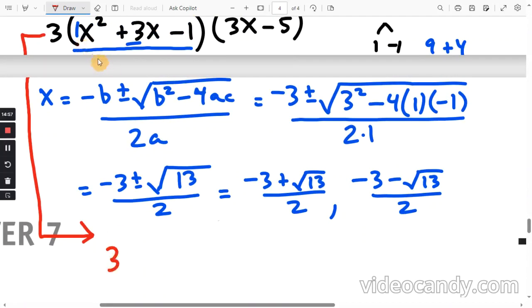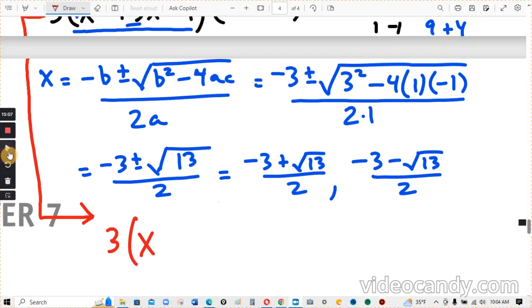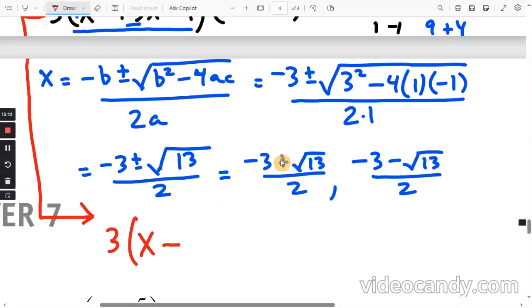And we factored this right here. So one of them is going to be x minus this one, so that's x minus negative 3 plus radical 13 over 2.